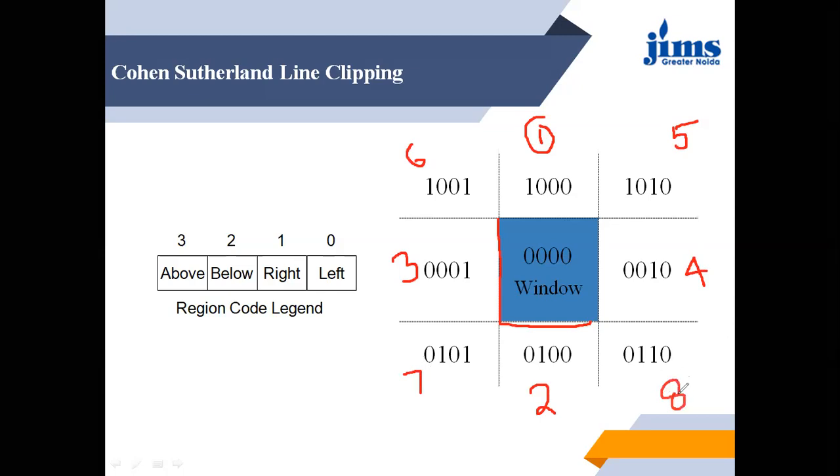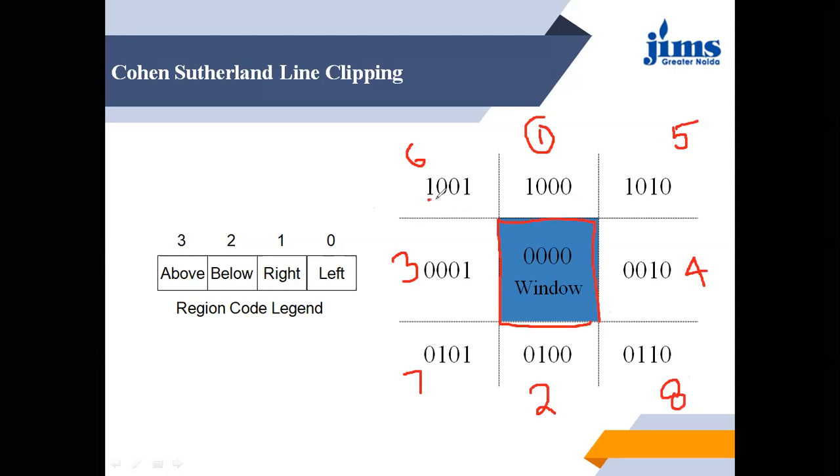So these are the 8 different regions, and one region is the window. So there are 9 different regions into which we can divide the whole plane.